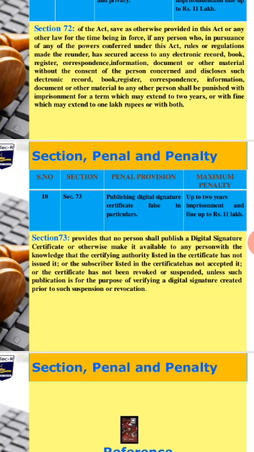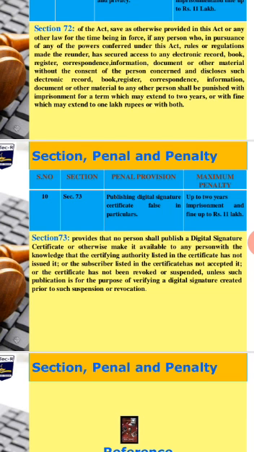And these are the main sections of the Indian IT Act 2000, and there are many other sections that exist, like section number 74 and others.